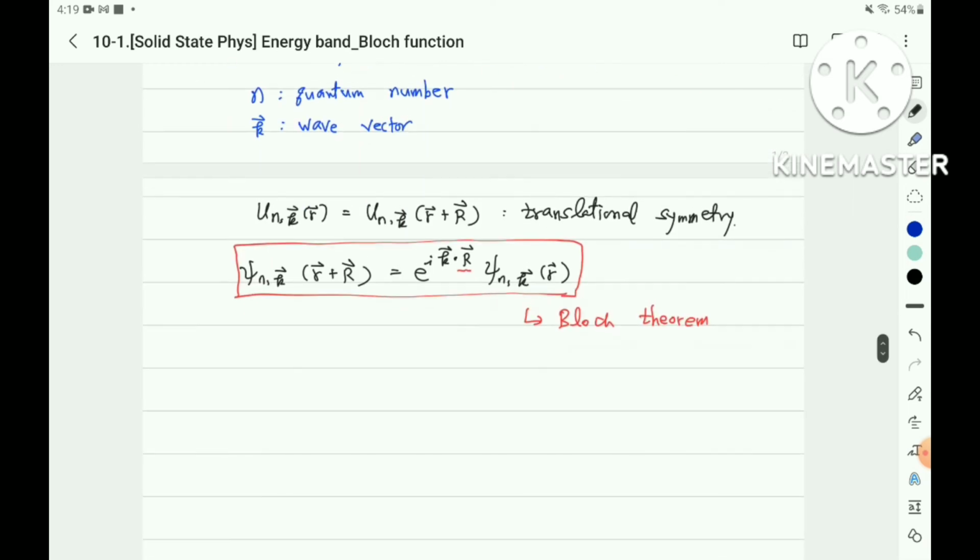We call it the central equation, and here we consider the Schrödinger equation in momentum space.